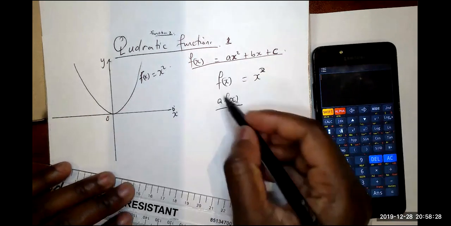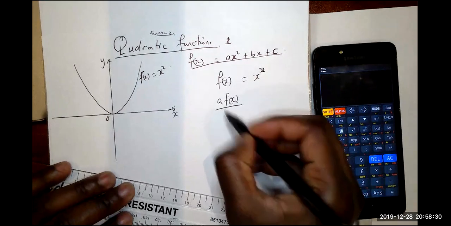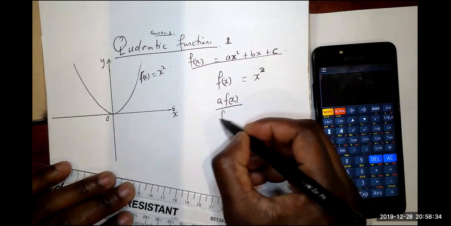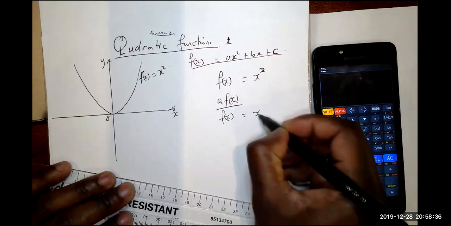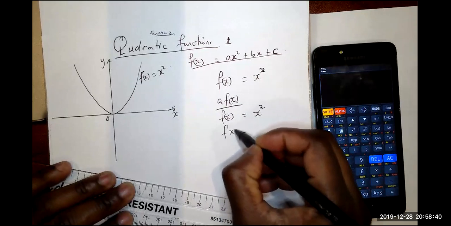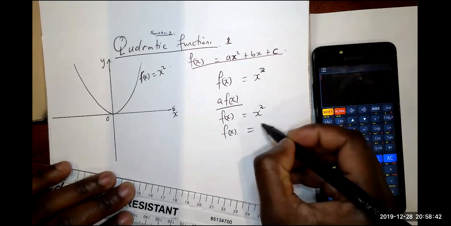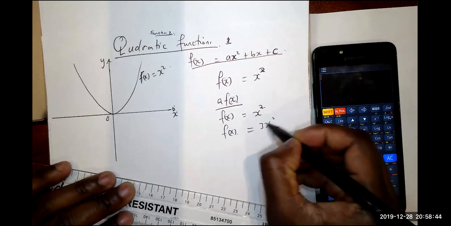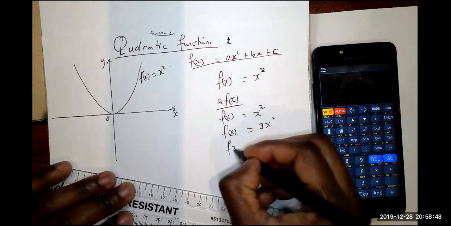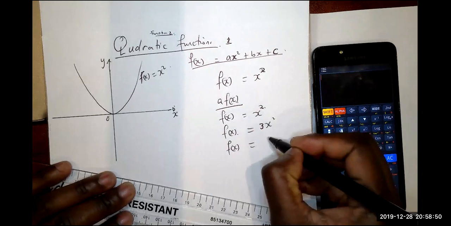So when we have f of x equals x squared, like the one we have there, and then f of x equals 3x squared, what do we see? And if we have f of x as a fraction, let's say one half x squared, what do we see?